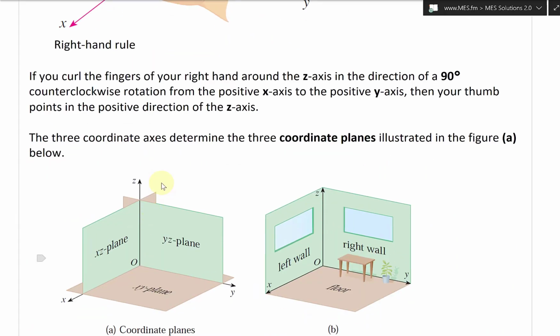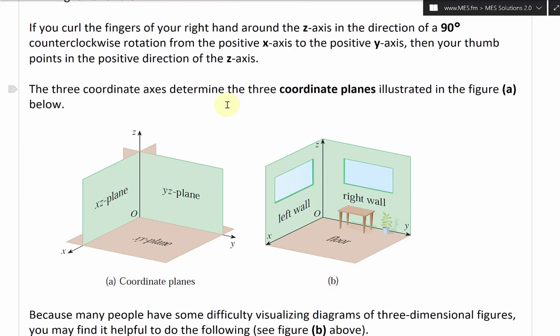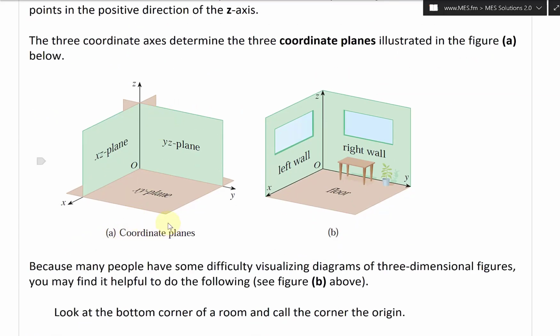The three coordinate axes determine the three coordinate planes illustrated in figure A below. Here are the coordinate planes. We'll call this the xy-plane over here, and the yz-plane is vertical over there, and on this side you'll have the xz-plane. Those are the planes there.